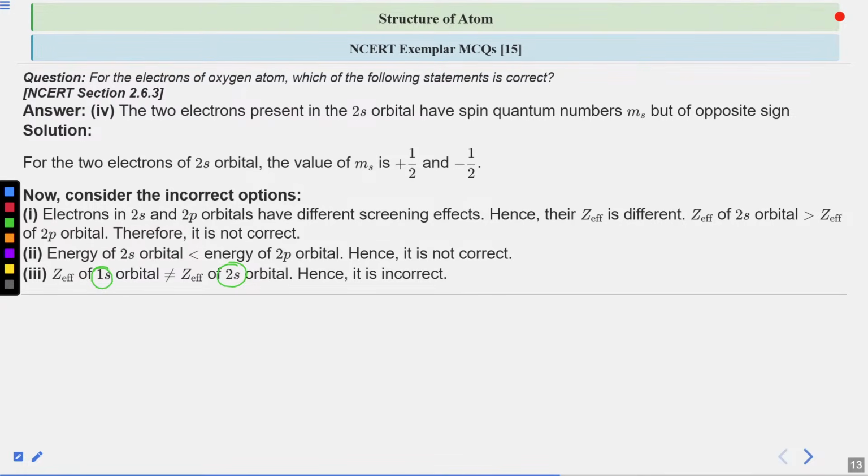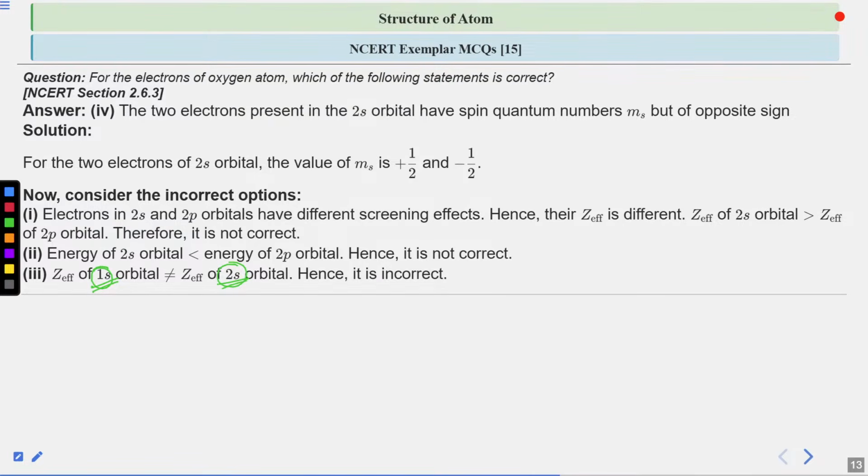You know it very well that as we go on increasing the value of the principal quantum number, here from 1 to 2, its size increases. So if the size of the orbit is increasing, the size of its orbital will also increase, and hence the Z effective for 1s will always be greater as compared to the Z effective of 2s.